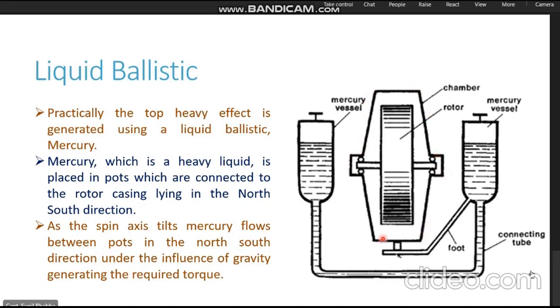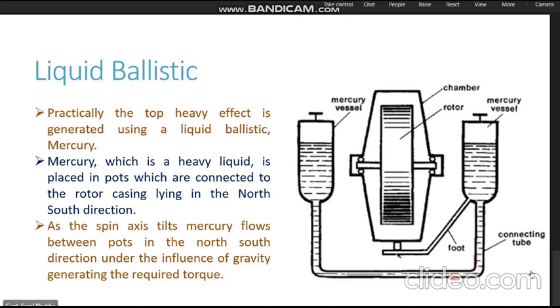Now what is actually done is, instead of fitting a physical weight, we connect the bottom of the casing to a mercury pot arrangement. You see there is a mercury pot here. Now this particular pot or mercury vessel has an opening on top. You can open it up from here and fill up the mercury. And this is connected with a tube.